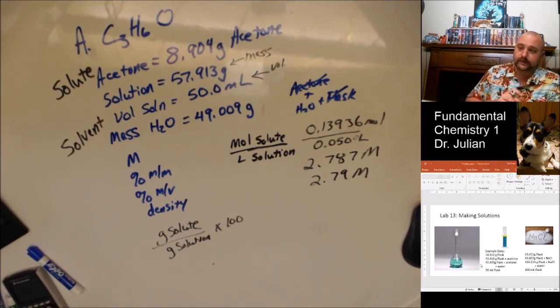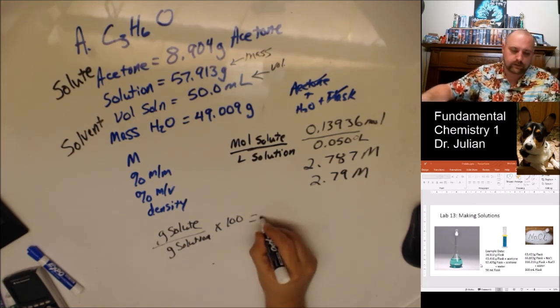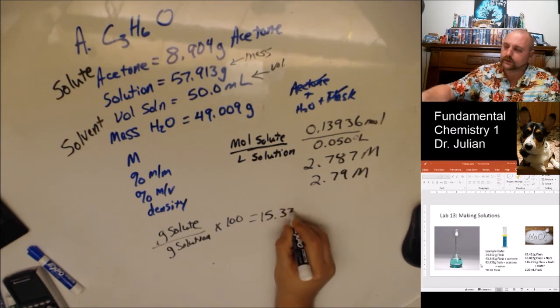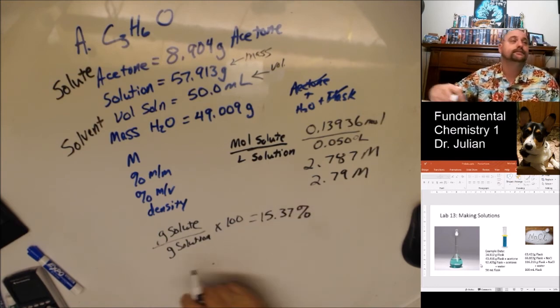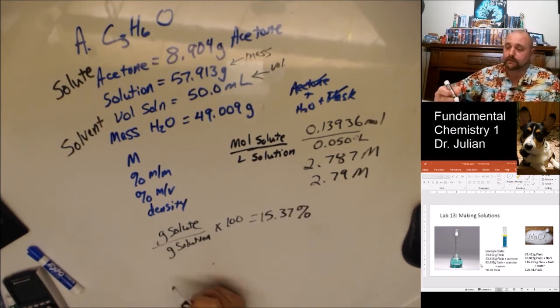Alright, so grams of solute was my acetone, 8.904, divided by my grams of solution, which was 57.913. And then multiply that by 100, and I get 15.37%.